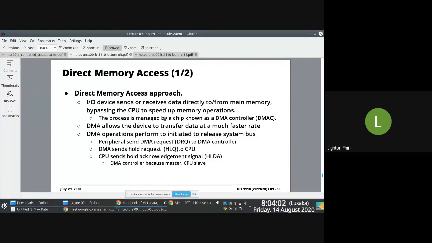So the answer is yes. Before you can actually gain access to main memory, you have to request for access to main memory. This raises a number of interesting things, because you notice that the only part where the CPU comes into play is when a request is being sent through to the CPU by the DMA controller to say, I want access to main memory. And then afterwards, boom, the CPU continues with whatever it was doing, and the DMA controller takes over, essentially.